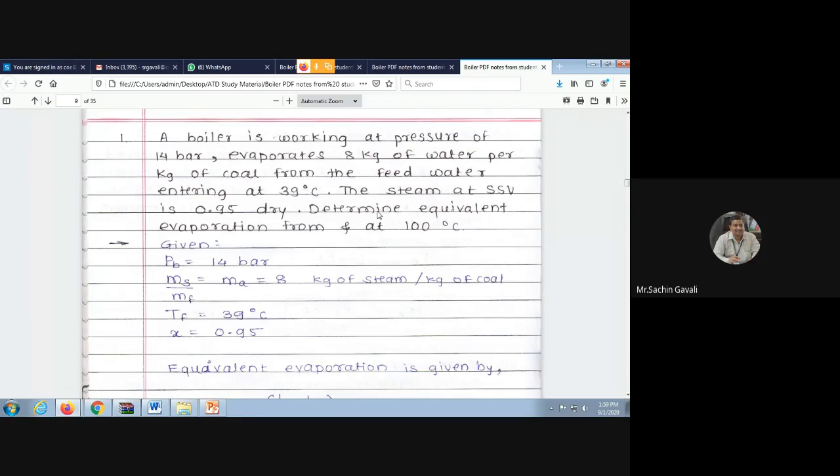Also find out factor of evaporation and boiler efficiency, if coal is having calorific value 21,000 kilojoule per kg.